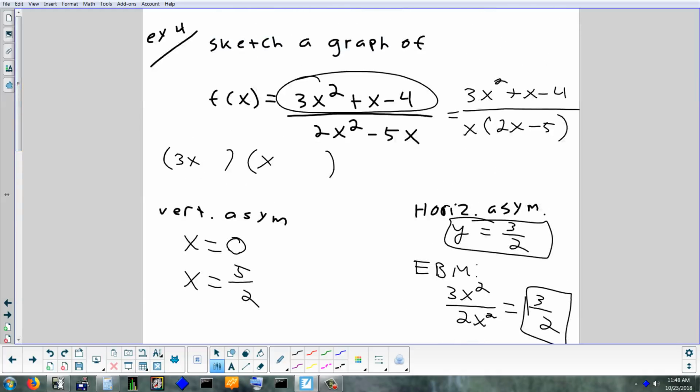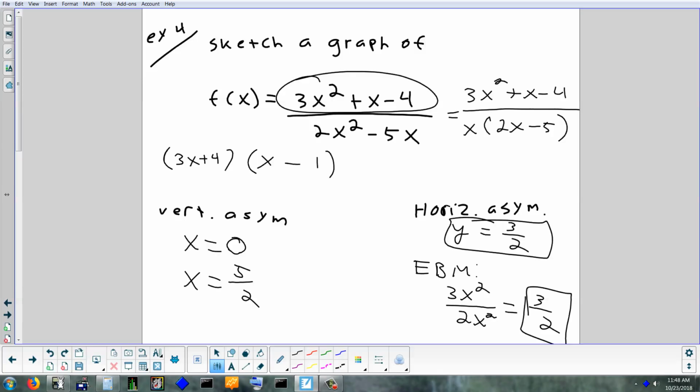So 3x and x. If we tried a 1 and a 4, and it would have to be a plus and a minus. So let's try plus and minus and see if that works. So that's 3x squared minus 3x plus 4x minus 4, and minus 3 plus 4 is plus 1. So yeah, the top does factor.